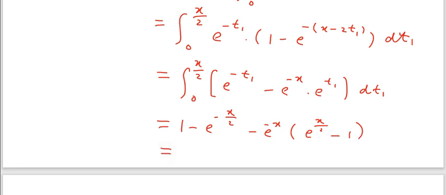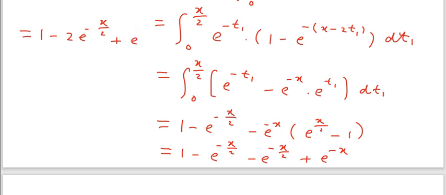So here simplify a little bit, it is x over 2, and here is also x over 2, negative, right? X over 2. And here plus negative x. And finally this equals 1 minus, 1 minus this minus 2 is negative x over 2 plus negative x.